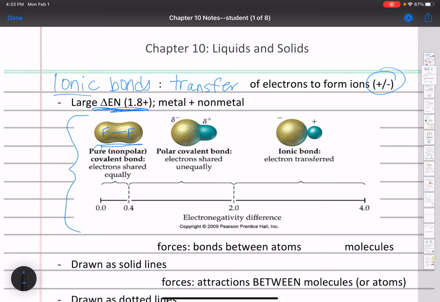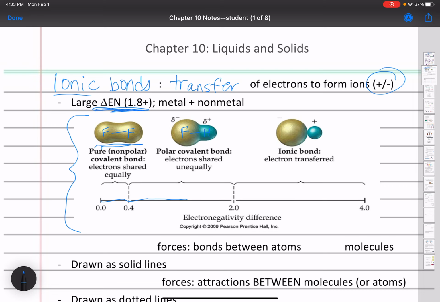That little gold zone is sort of like, imagine the electron clouds, and they've kind of fused together here. So they're sharing electrons. The electrons are spinning equal time around each. Okay, but as we go down the scale and electronegativity values become more and more different, so now we have fluorine and hydrogen. All right, now the fluorine has a stronger pull on the electrons.